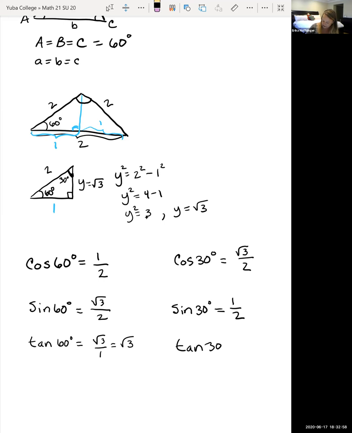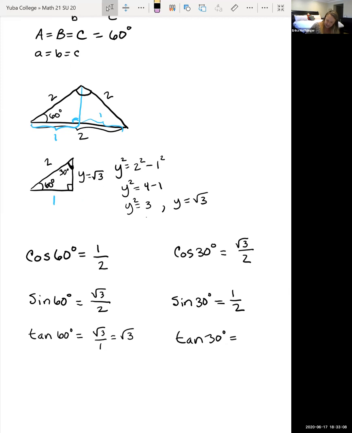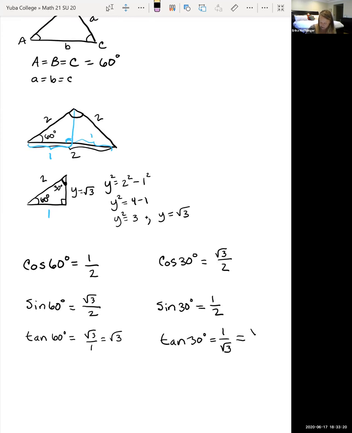Tangent of 30 degrees. I don't have cotangent here, so I can't do that, but I can look at the ratio of the sides, and tangent is opposite over adjacent. So 1 over root 3, which if you rationalize the denominator is root 3 over 3. I'm not going to do it, just to save a couple of minutes.